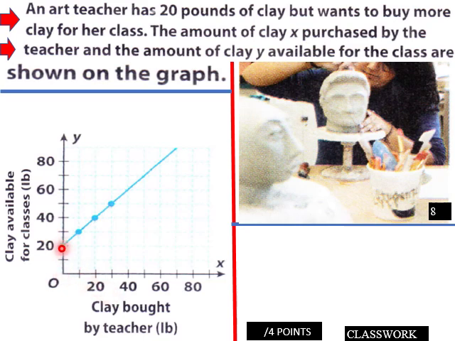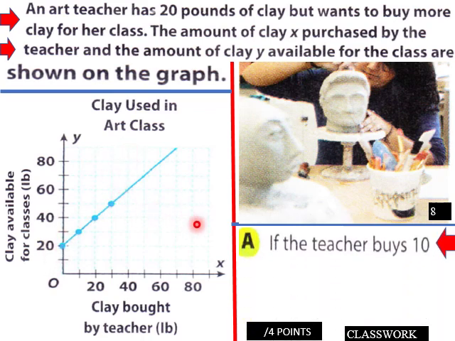She starts out with 20 pounds, and for every 10 pounds, 20 pounds, 30 pounds, that is one way you could interpret it. And then there is the clay used by the class. She starts out with 20 pounds.